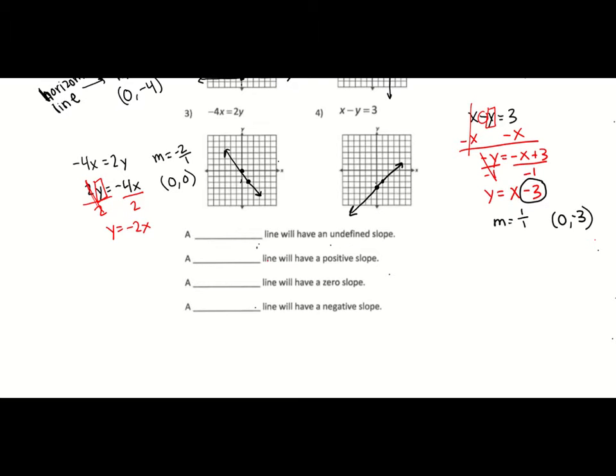Okay, so then at the bottom here we just have some general information. A vertical line will have an undefined slope, and it's always going to be x equals some number.